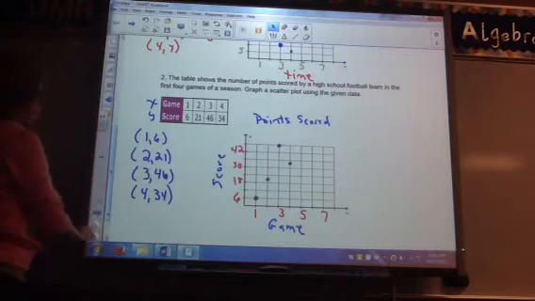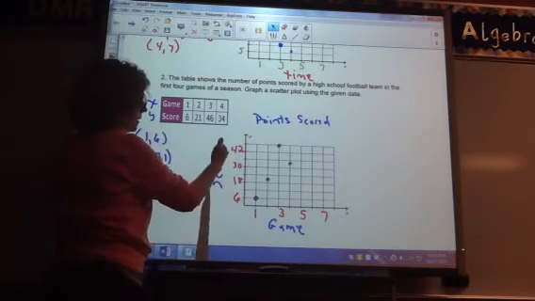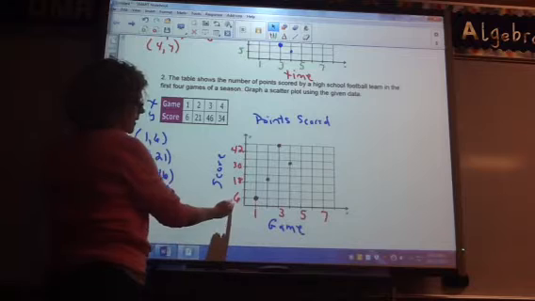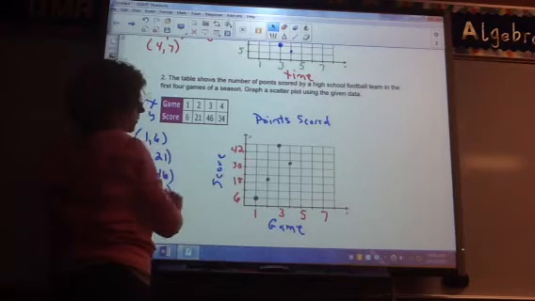Okay, let's move on. Guys, what I did on my vertical, my y-axis, is I went by 6, but I skipped every other tick line there.